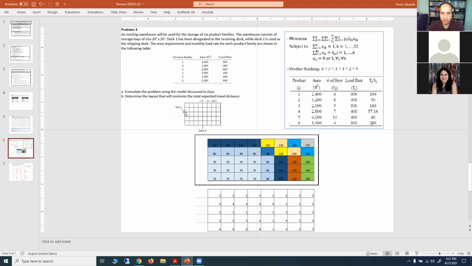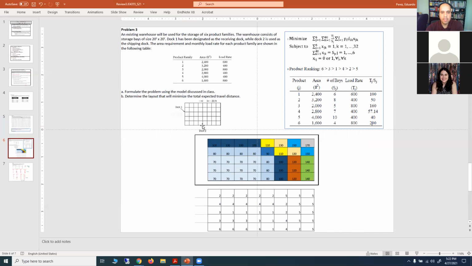So if you go from door 1 to the first cell, from here to here is 10, then 20 plus 10 to get to the center of the square, and then 10 more. So in total, you will have 40 for the first door.